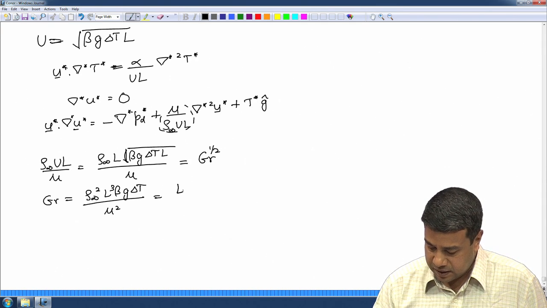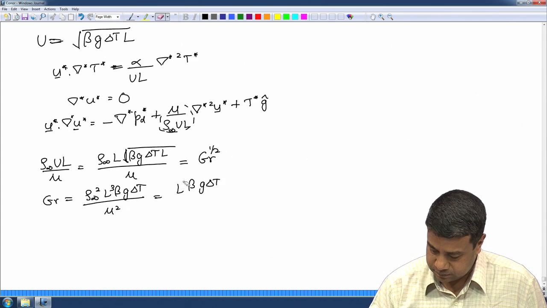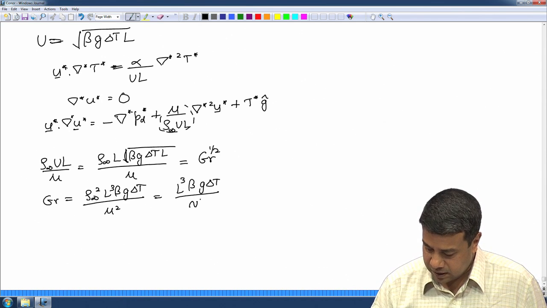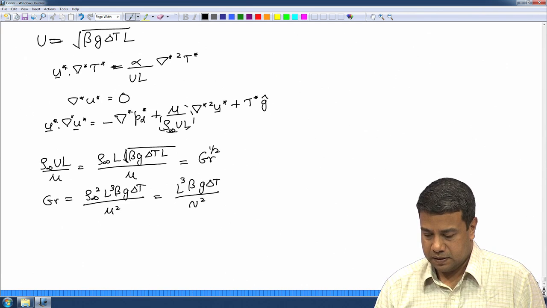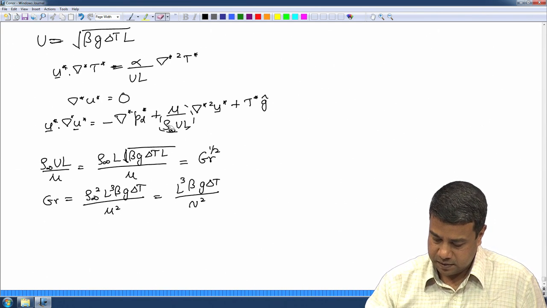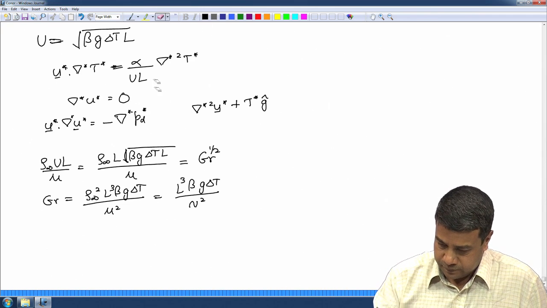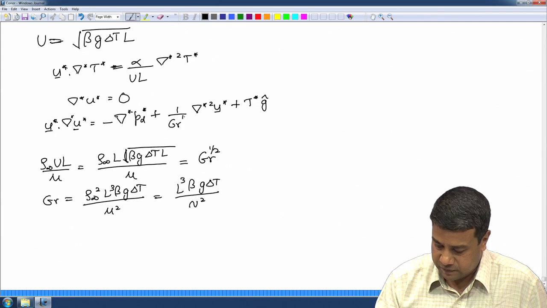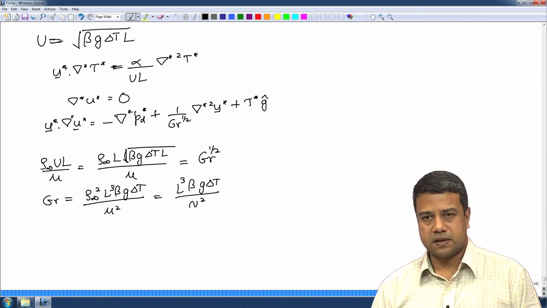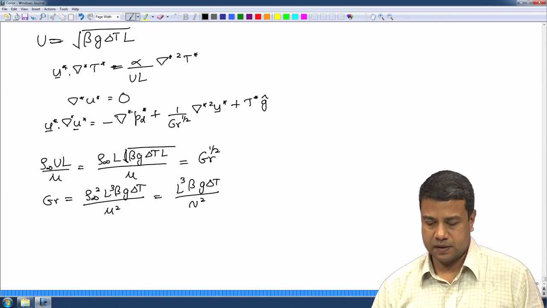It can also be written as L cubed beta g delta T by kinematic viscosity square. So, this term is actually one by Grashof number to the half power, the Grashof number to the half power in the denominator in this case.